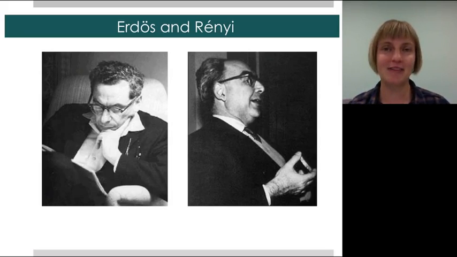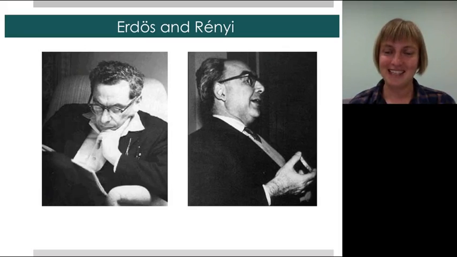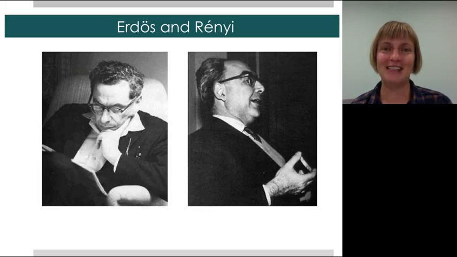And when he arrived, he would say, "My mind is open. Let's work together." And after writing a paper or two with that person, he would then go on to the next. And this, as you might imagine, meant that in the co-authorship network, Erdos had an extremely high degree.